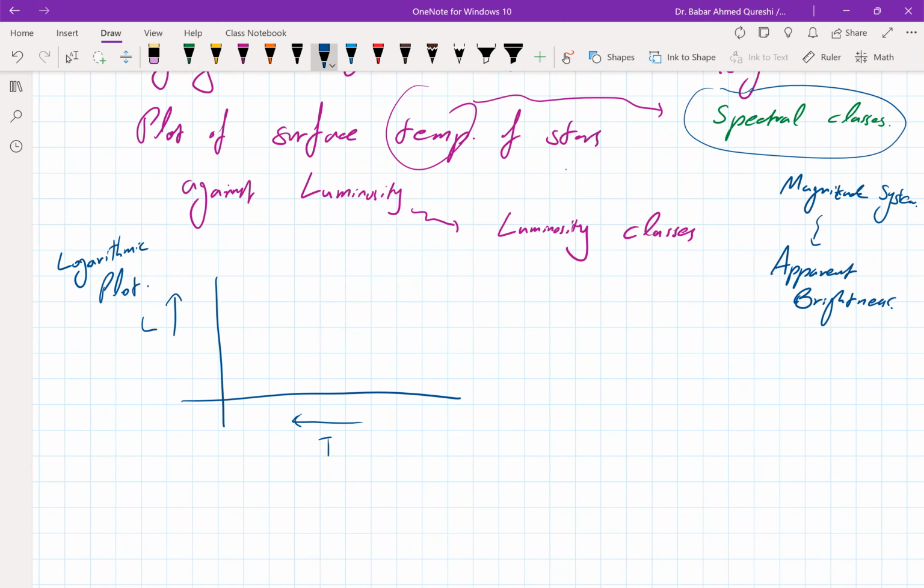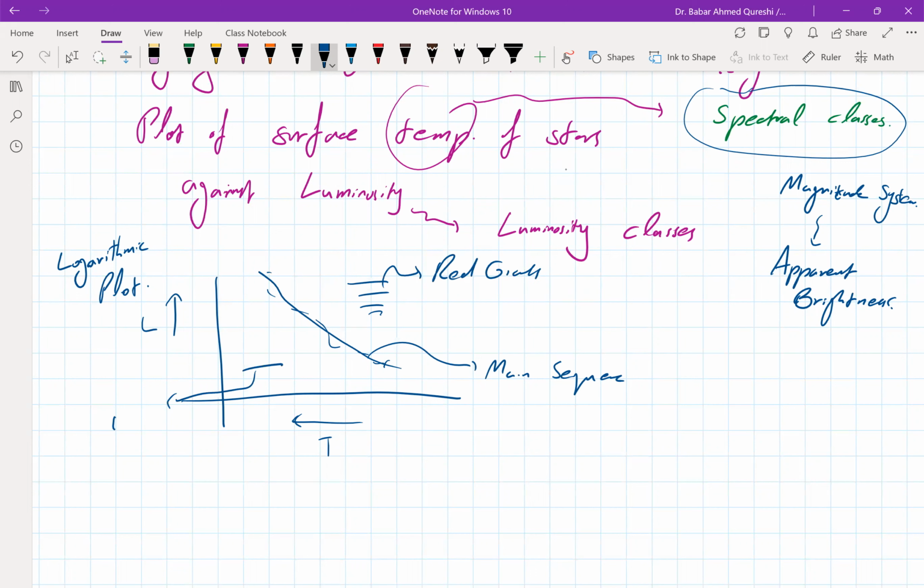This gave us these patterns of the main sequence, most of the stars here, and some stars here, the red giants, some stars here, the white dwarfs, and there were some things over here in the instability strip.